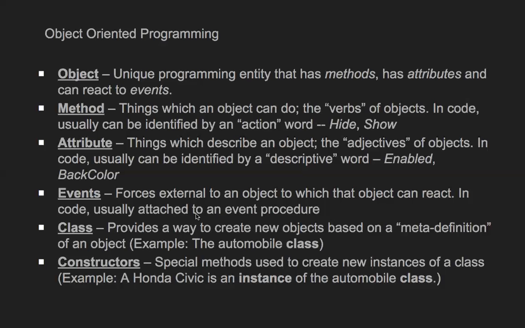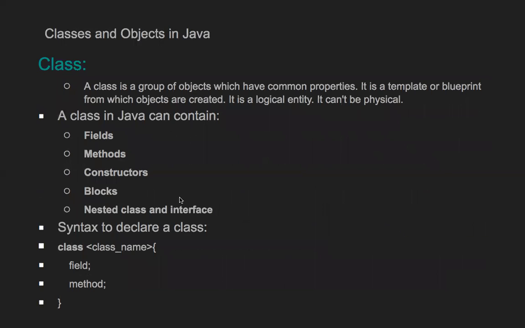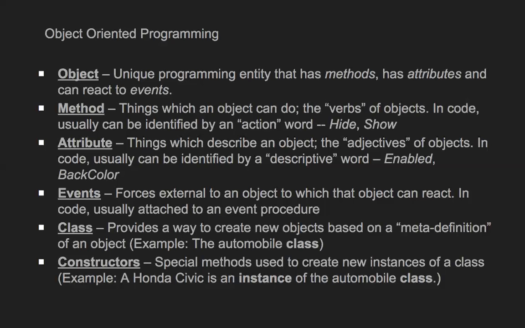The next thing is attribute: things which describe an object, the adjectives of the objects in code, usually identified by descriptive words like enabled or disabled. Whenever we say attribute, it is usually a descriptive. Like we have a color.